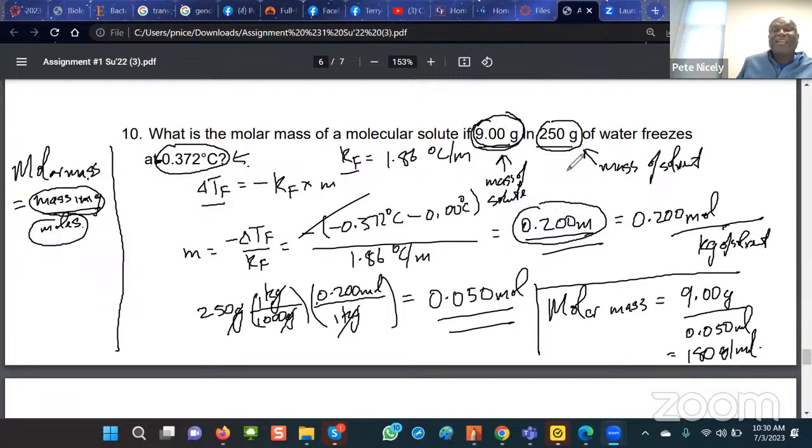Basically what they do is that they measure a certain amount of the substance and dissolve it in a certain amount of water and look at the change in the freezing point. Then they do calculations like what we just did in order to find the molar mass of the particular biomolecule. And a similar process can be used when it comes to elevation of boiling point. Pretty much the same idea.